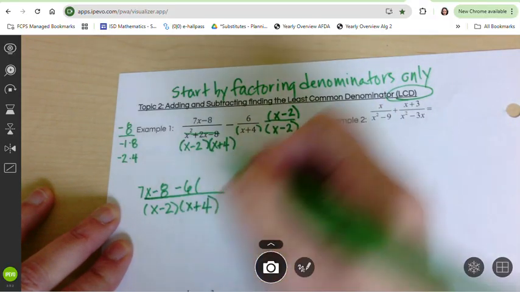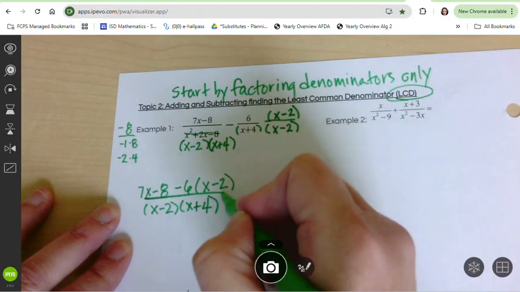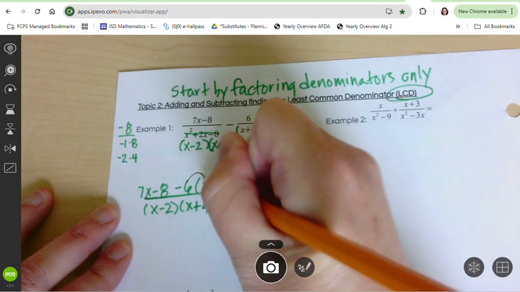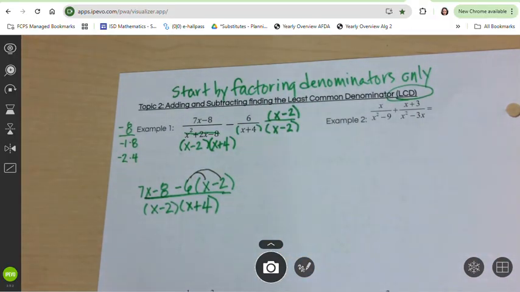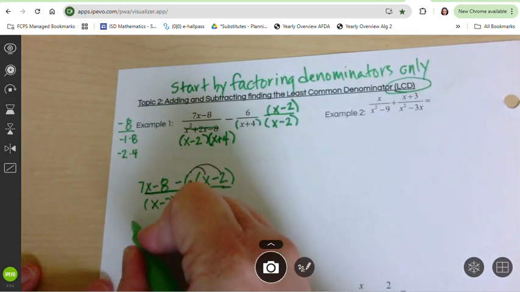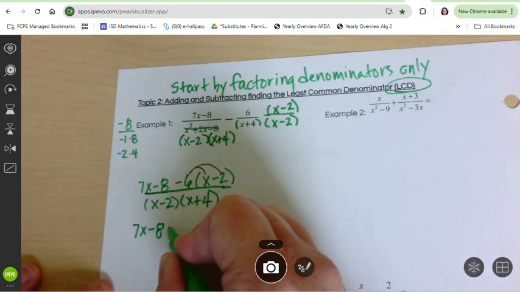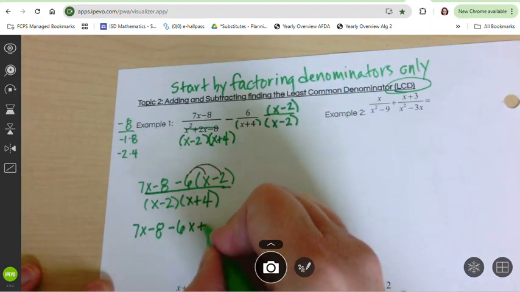And that minus 6 is going to distribute to the x minus 2. So 7x minus 8, that's going to make a minus 6x. And then negative times negative makes a plus 12.